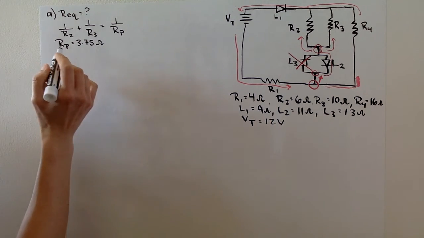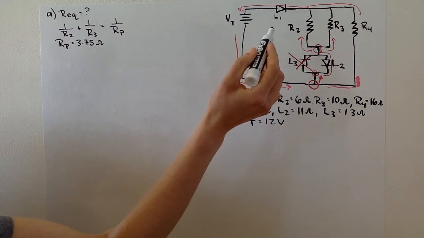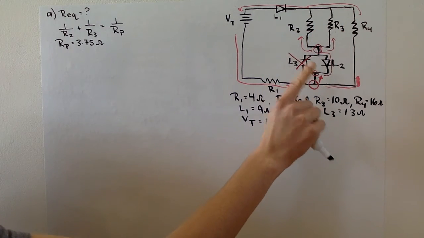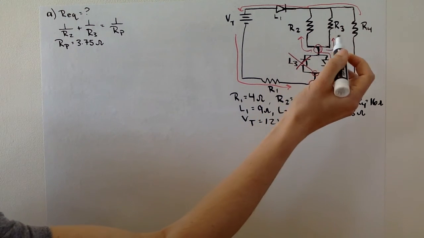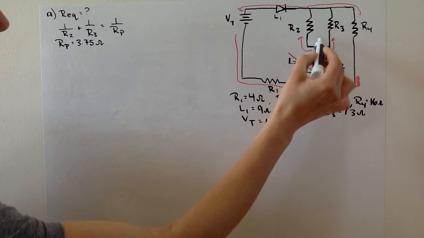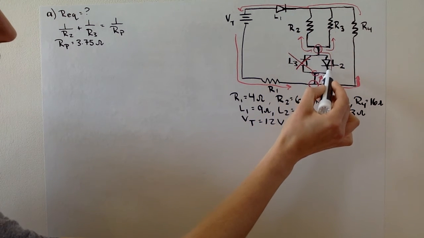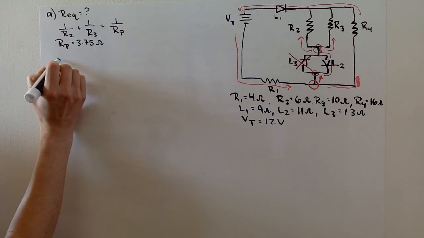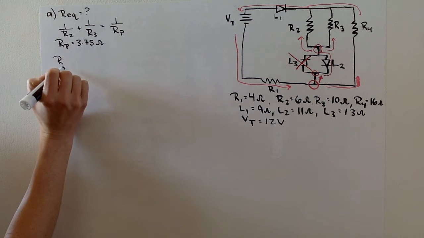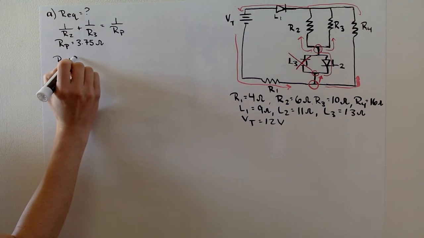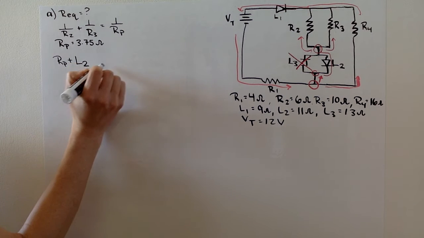I don't want to erase my diagram because we're going to need it for future parts of this, but it's as if there's just a resistor in here, RP, and that's connected to L2. Those are in series with one another, so I'm going to find the equivalent resistance between those: RP plus L2.